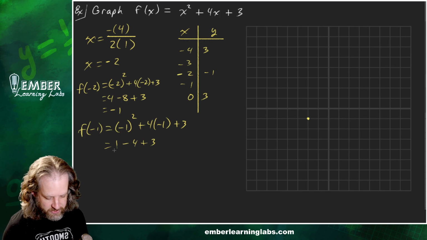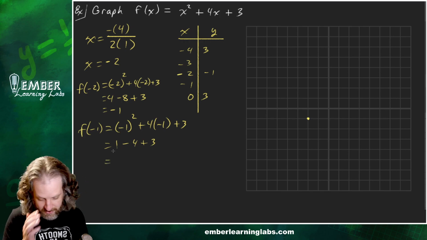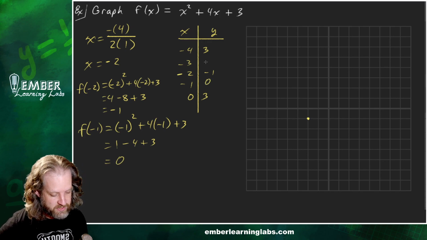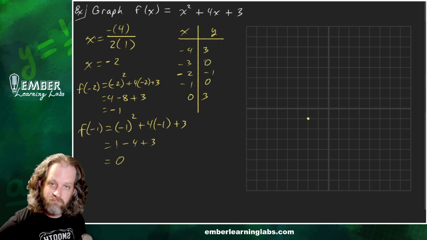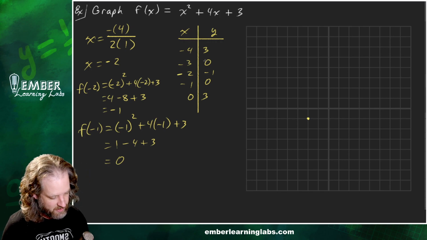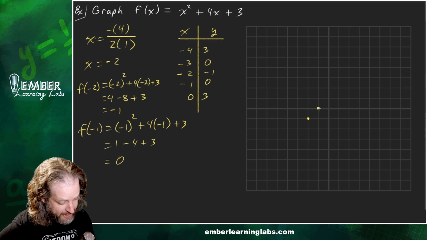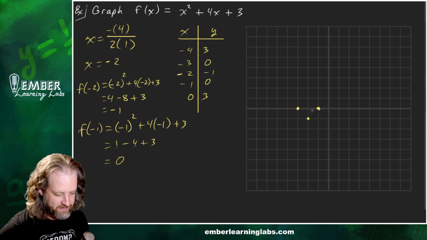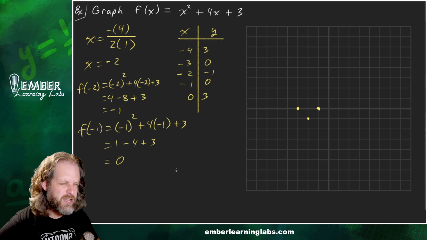So we've got 1 minus 4 is -3 plus 3 is 0. This one's 0, which means this one's also 0.